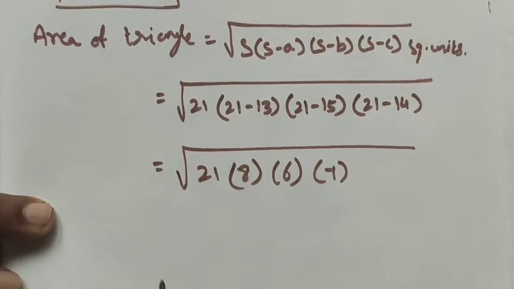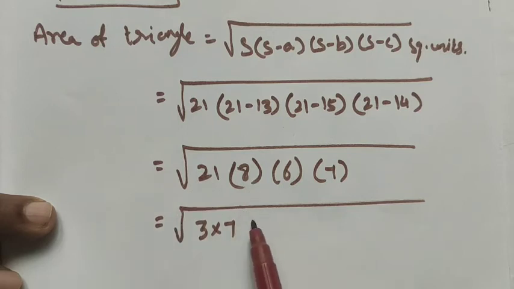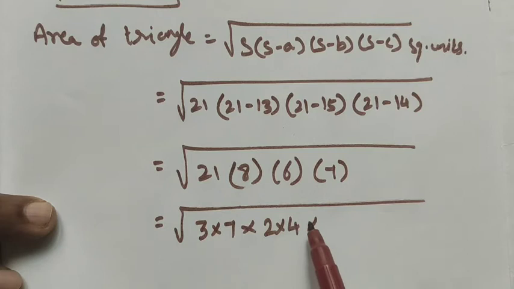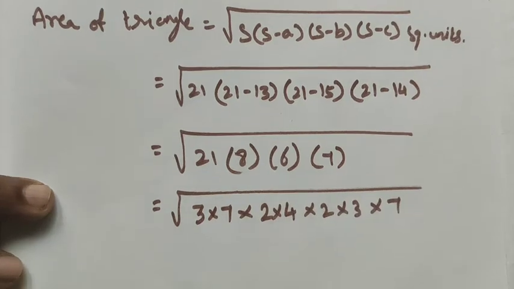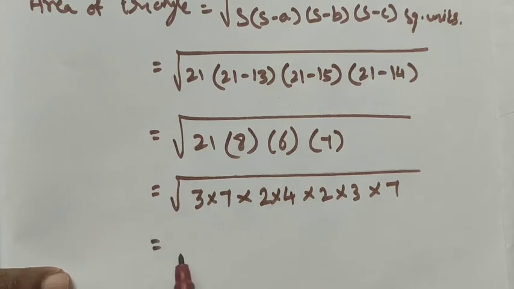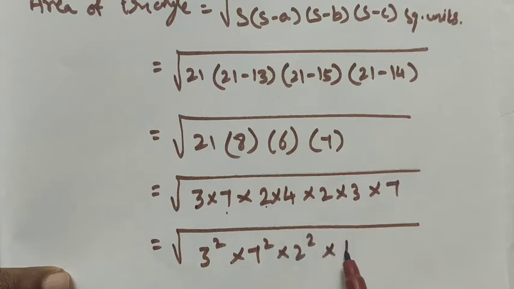Now expand this given term by prime factorization. 21 is 3 into 7, 8 is 2 into 4, 6 is 2 into 3, and here we have 7. This term can be written in the form of root of 3 into 3, 3 square, 7 into 7, 7 square. Here we have 2 square into 4, which is a perfect square number.